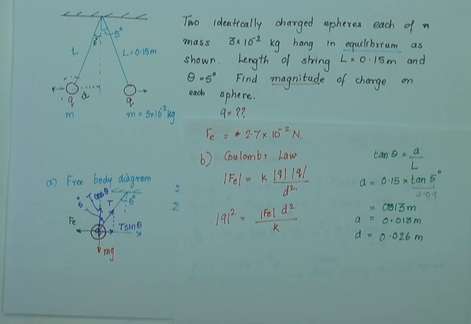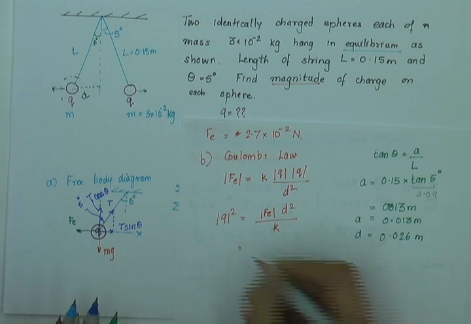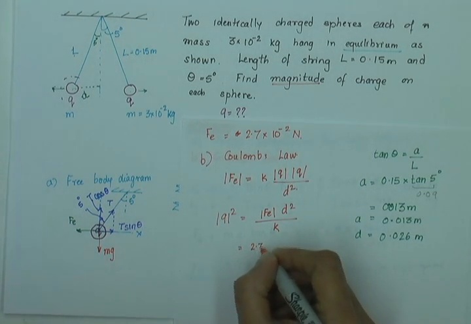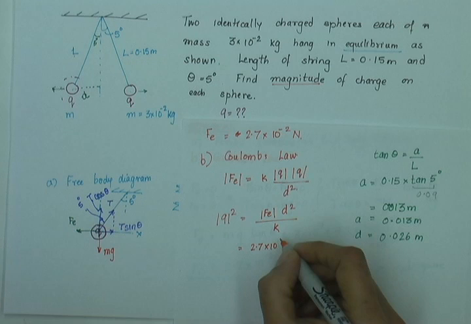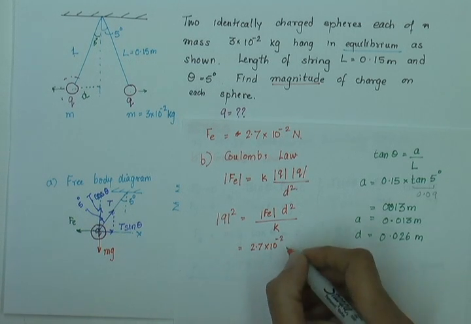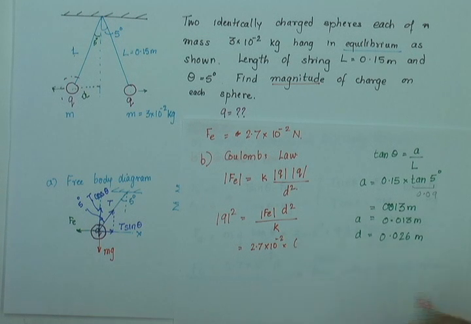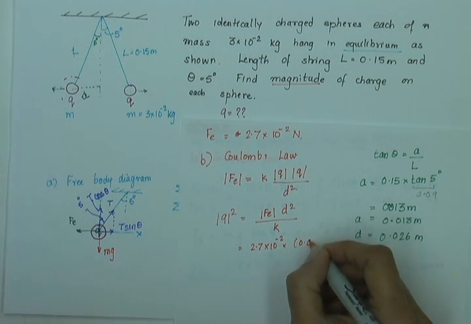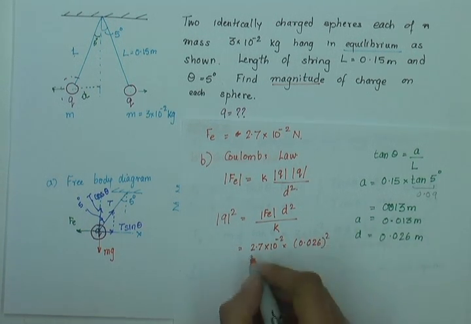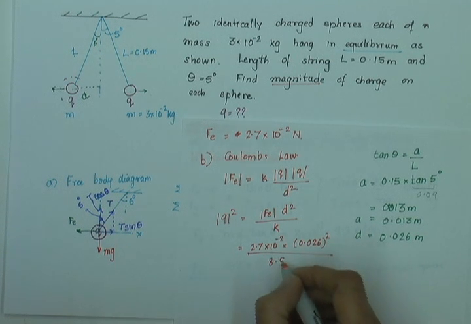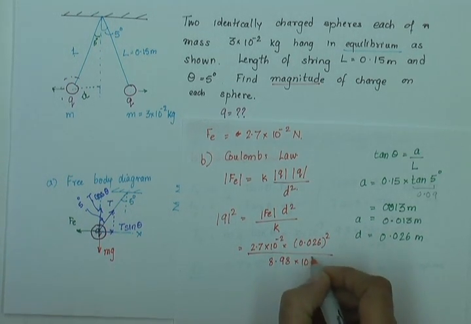Fair enough. And I can get my q squared as 2.7 into 10 raised to minus 2 into 0.026 squared over 8.98 into 10 raised to 9.